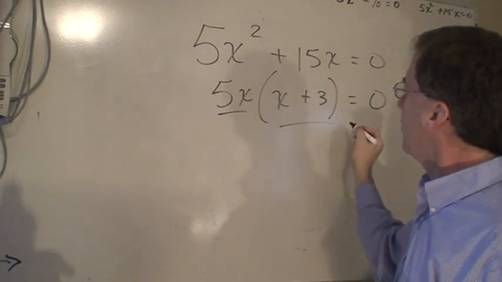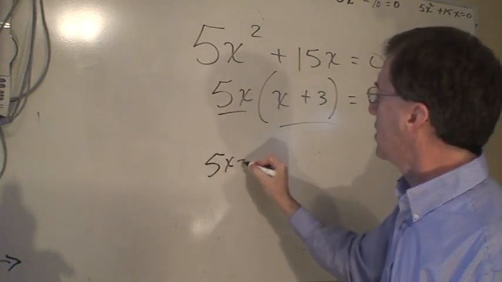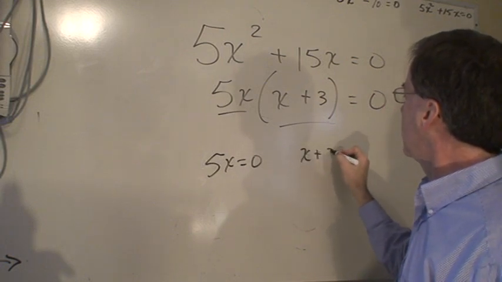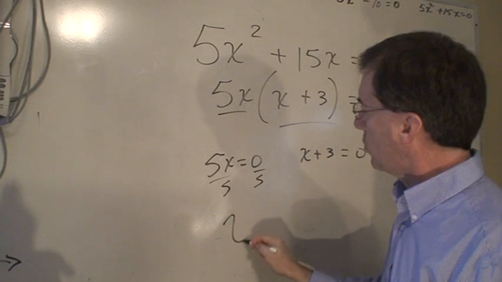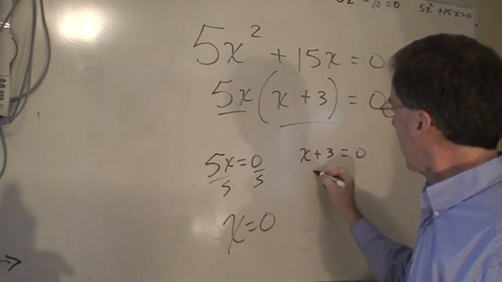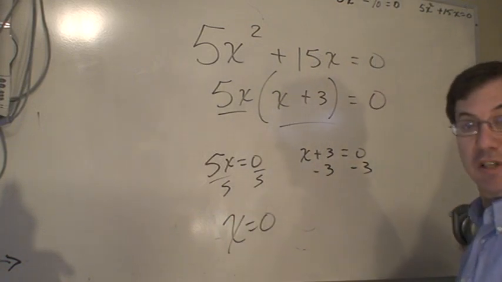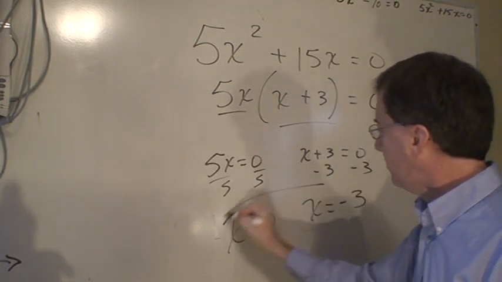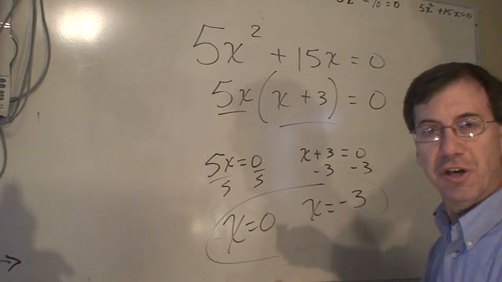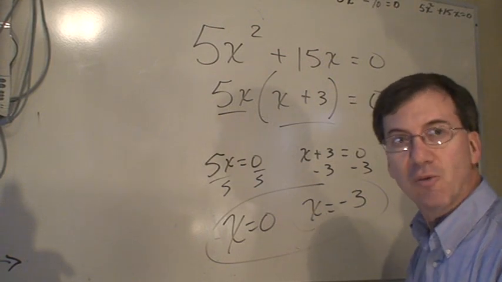So I solve both of these for 0. 5x equals 0, x plus 3 equals 0. Divide by 5, divide by 5. Of course, I get x equals 0. Here I subtract 3 from both sides, and I get x equals negative 3. So that one has two answers too: x equals 0 and x equals negative 3.